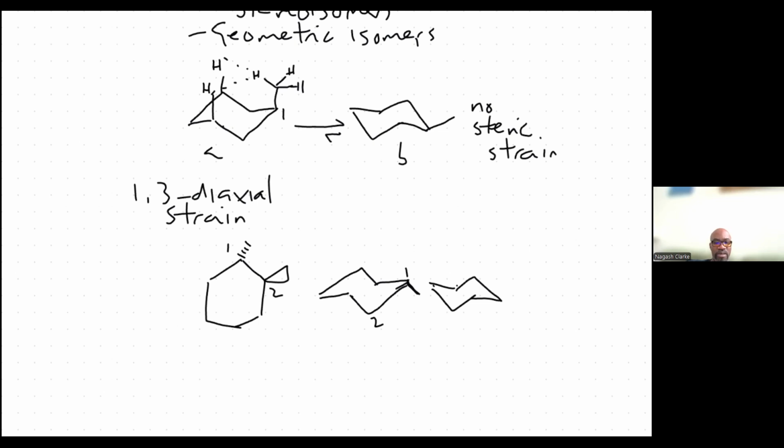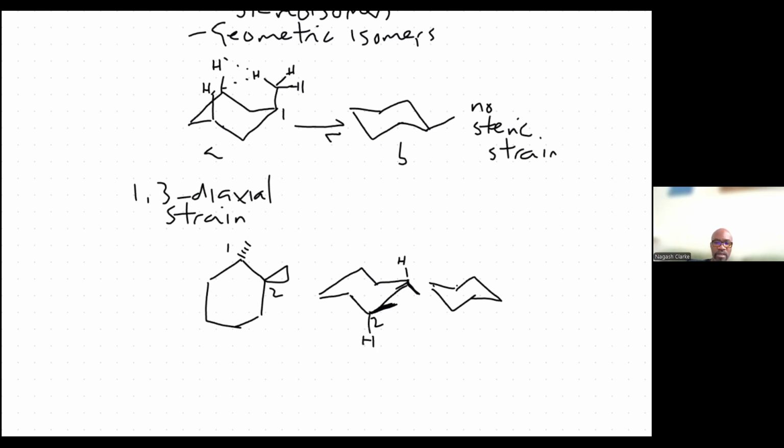I can't do axial up here because that carbon is pointing down, so it has to be equatorial up. And this is a hydrogen here, and then you have a hydrogen going down.